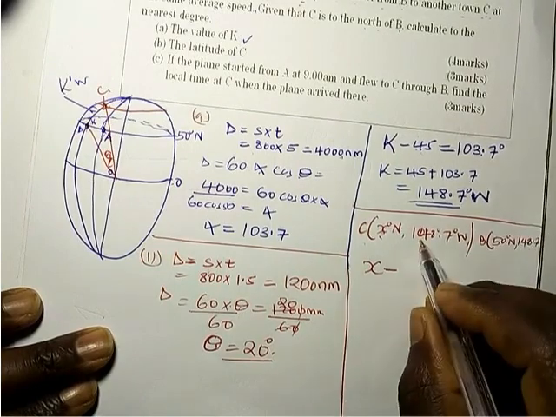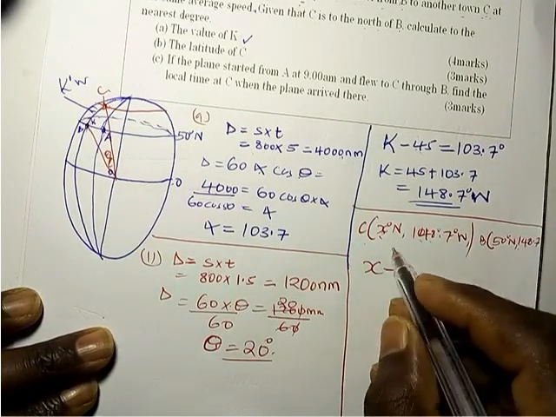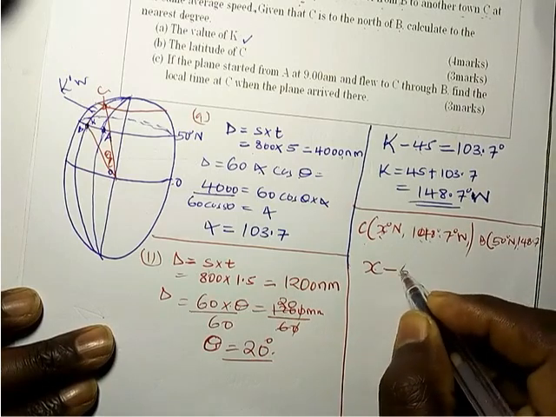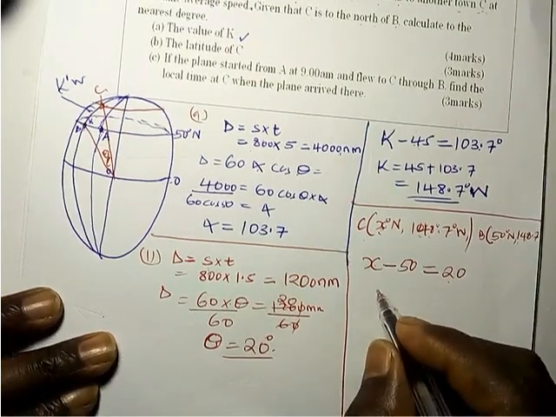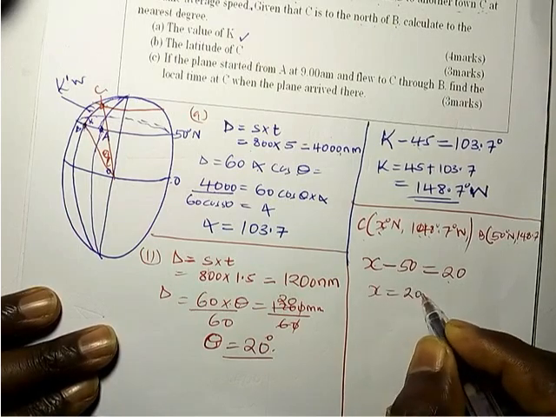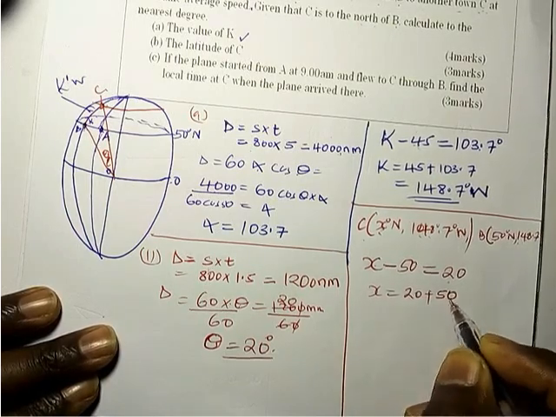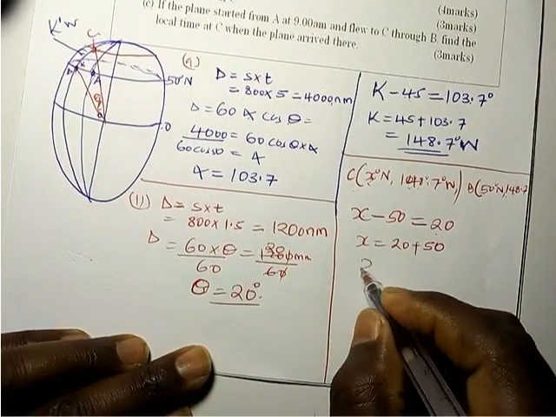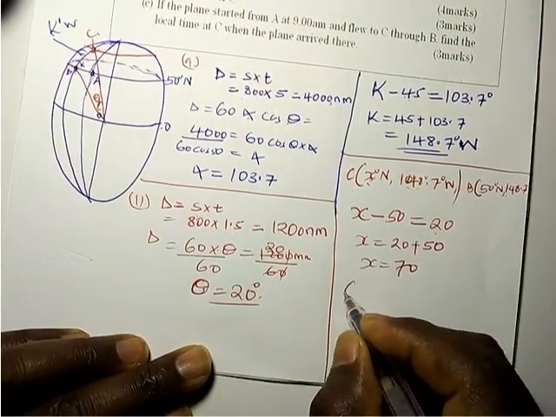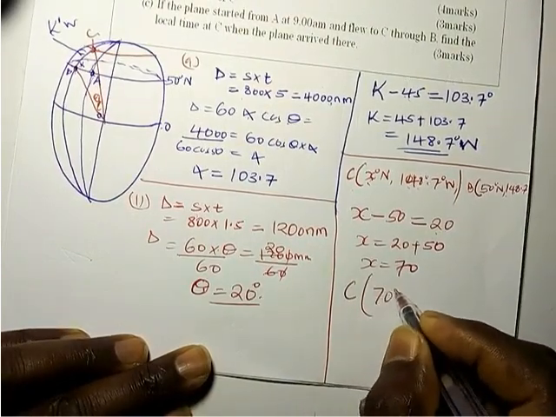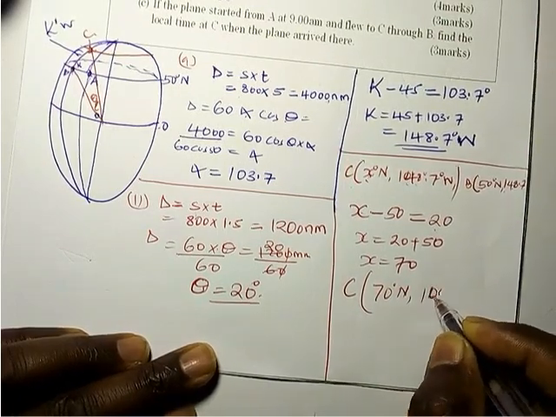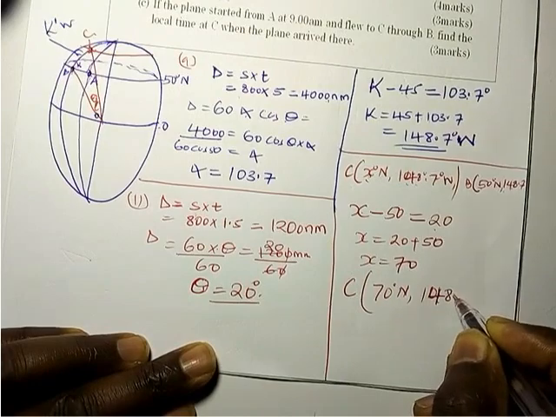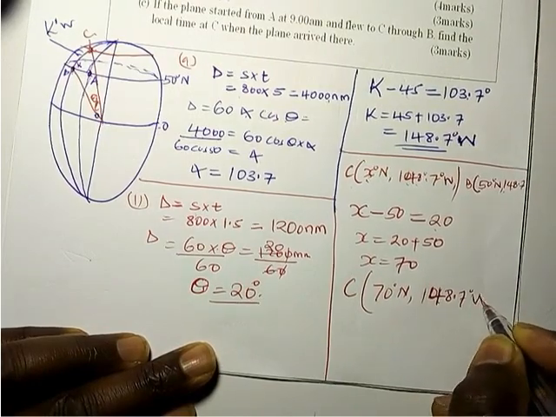You see they're on the same longitude, so we don't mind that. So X minus 50 will give us 20, the angle difference. Therefore, X is equal to 20 plus 50, and that X is equal to 70. So C is 70 degrees north, 148.7 degrees west. That is C.